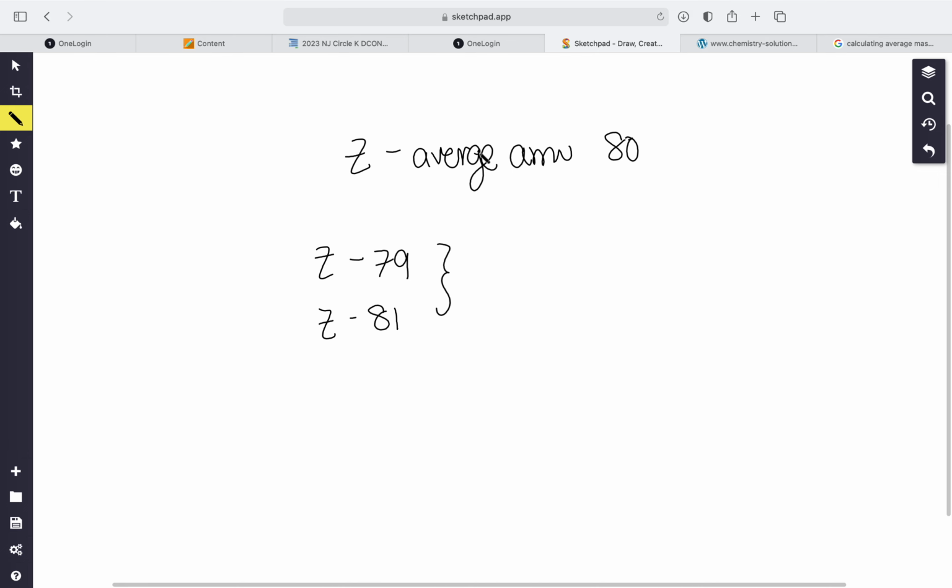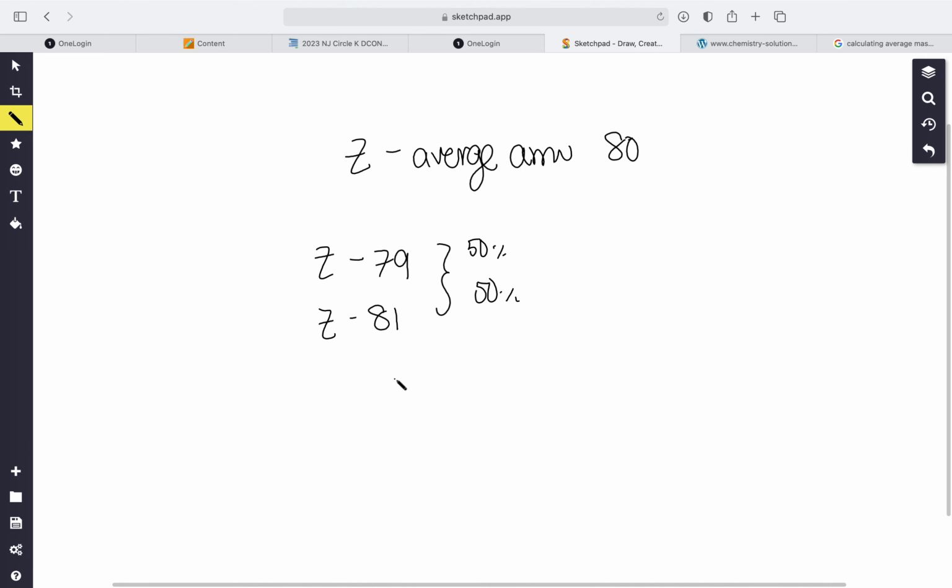If you had to estimate based off of this, what do you think the percentage of these would be? This one's pretty simple. We're kind of just taking the mean, but in an opposite way. If the average is 80, and the other two numbers are 79 and 81, the percentages are going to be 50-50, or at least close to 50-50, because 80 is in between 79 and 81.